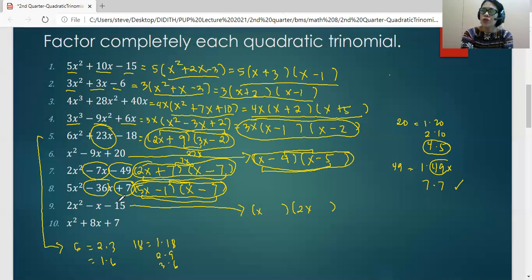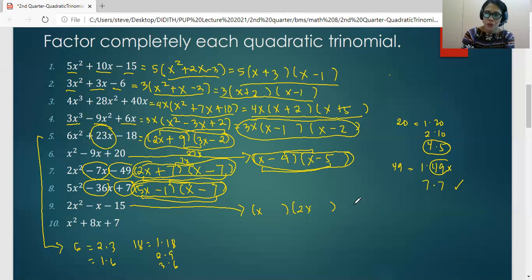So we're going to consider 3 and 5 instead of 15 and 1 here. So as to placing 3 and 5, we have to work on x and 2x here. Okay, and then this is negative, so one is negative, the other one is positive.